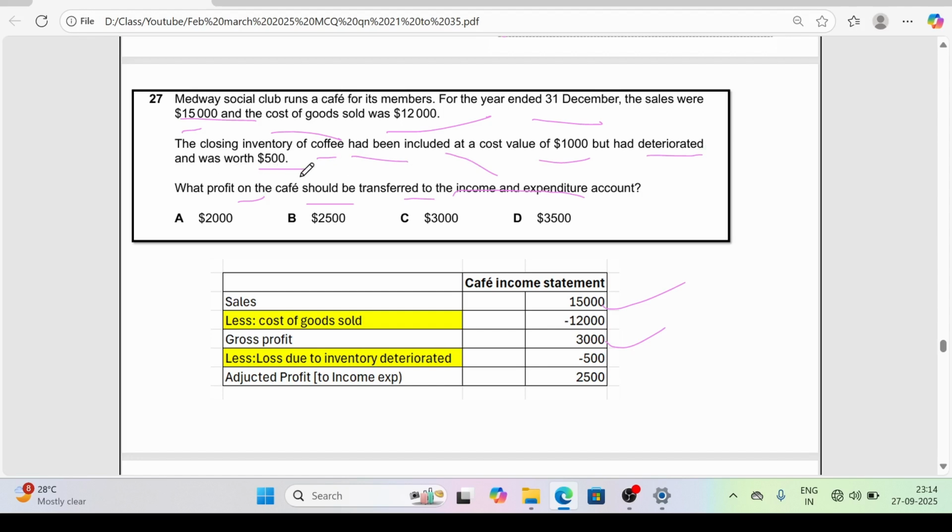If inventory deteriorates we can't sell it, right? So we have to minus it. Loss due to the inventory deteriorated is 500, 1,000 minus 500. So that 500 you have to minus from the gross profit. Adjusted profit, the amount we have to transfer to income and expenditure, is 2,500. Got it?